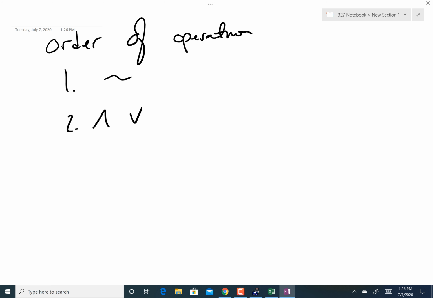And of course, parentheses should be right up here. If there are parentheses, for instance, if you need P and Q with a negative, we have to do the parentheses first, obviously, before you do the negation.